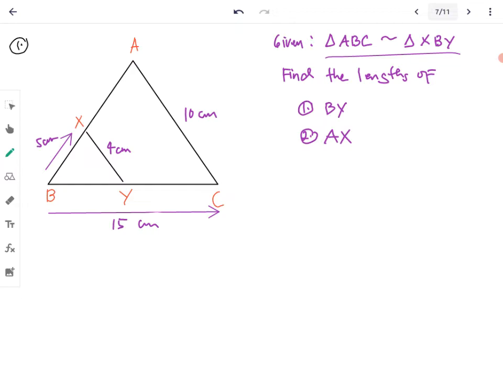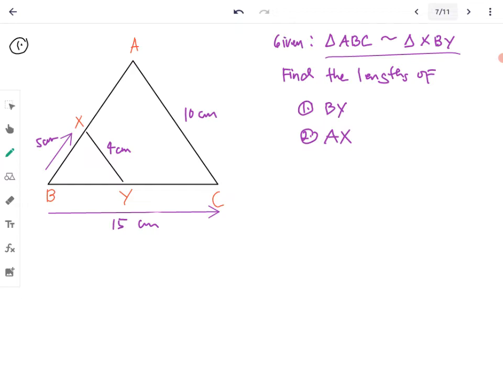The order of the vertices indicates the corresponding vertices and angles, meaning A corresponds to X, B corresponds to B, C corresponds to Y.